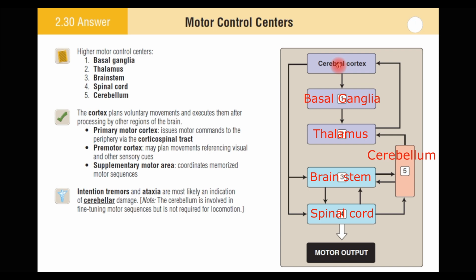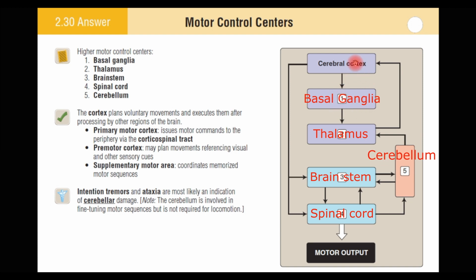As we have studied earlier, the cerebral cortex also supplies to the basal ganglia, and from there the basal ganglia sends the signal back to the cerebral cortex, which helps the cerebral cortex to initiate the movement by sending the communication downwards with these tracts. So that is the role of basal ganglia.